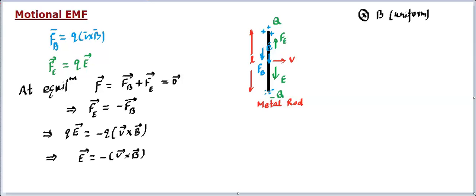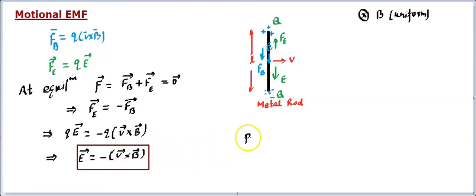That means we will get an electric field existing in that conductor, and that electric field is going to cause a potential difference, or EMF. So what the potential difference across these terminals is going to be, we can easily find out, because we have got this E, and this E is constant or uniform, because it involves V and B, which are given and constant.